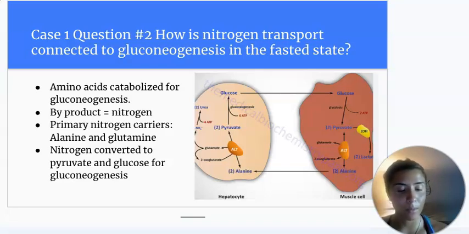The byproduct of amino acid catabolism, nitrogen, is required to be transported into the liver for the synthesis of urea. Alanine and glutamine are the primary carriers of nitrogen. Through transamination, alanine is formed in the muscle. It then has the ability to transport the nitrogen to the liver, where it can be converted to pyruvate and then to glucose.